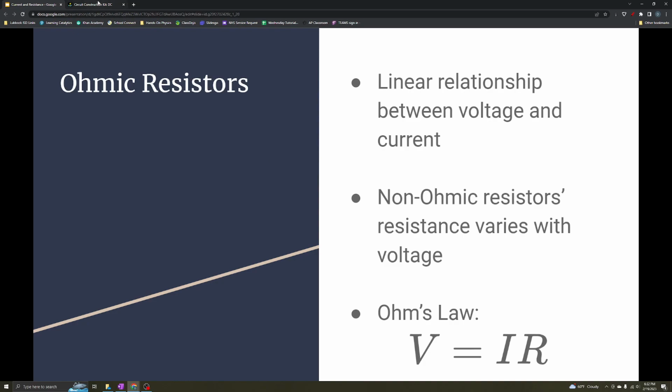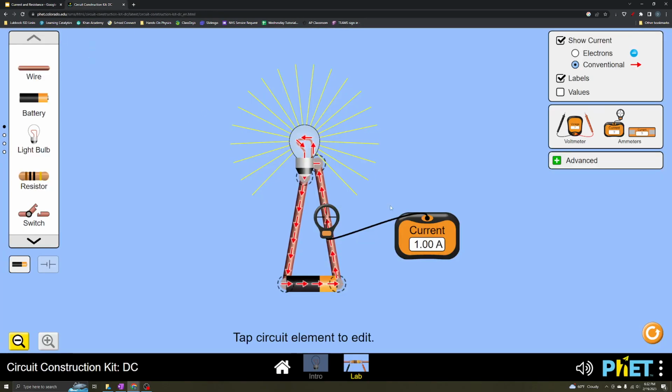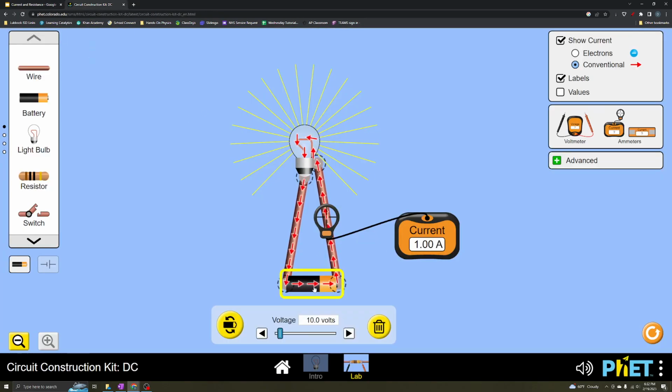So let's go back over to this circuit constructor and I'll show you what this looks like. Here you can see that right now this battery is putting out 10 volts. And at 10 volts, I get 1 amp of current. So if this light bulb behaves in an ohmic way, then for every 10 volts I increase the potential, I should see the current go up another 1 amp.